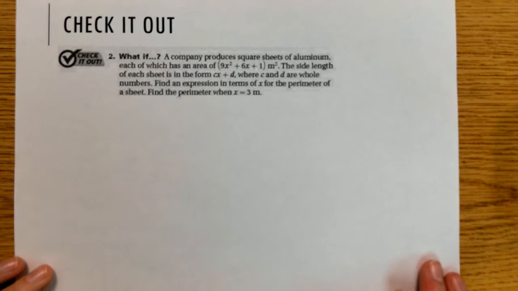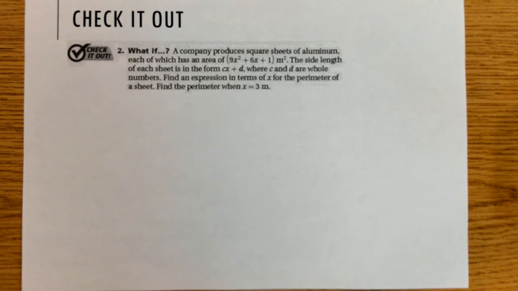So now there is a check it out problem for you to do. So it says, what if a company produces square sheets of aluminum, each of which has an area of 9x squared plus 6x plus 1 meters squared. The side length of each sheet is in the form cx plus d, where c and d are whole numbers. Find an expression in terms of x for the perimeter of a sheet.